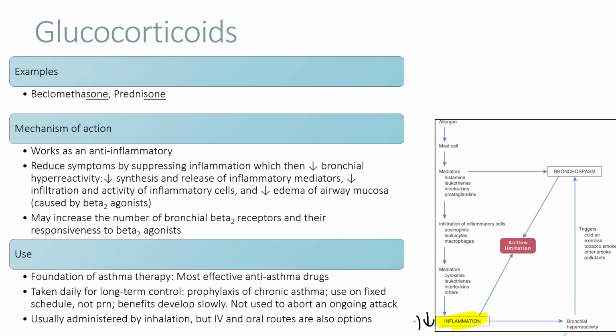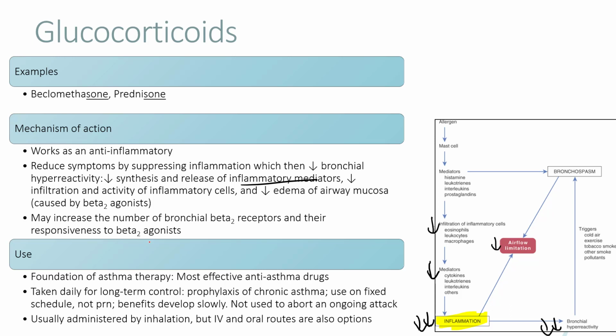So you decrease inflammation, right? And basically when you decrease inflammation, you decrease bronchial hyperactivity, right? And you decrease the amount of inflammatory mediators, you decrease the infiltration of inflammatory cells, and you decrease basically the airflow limitation.